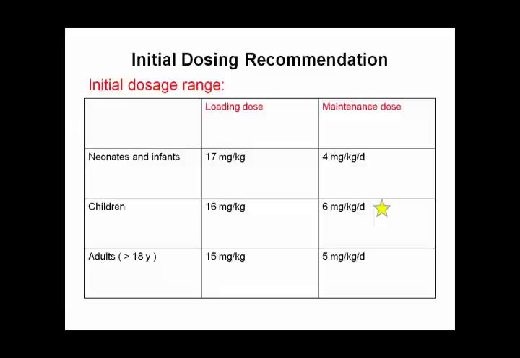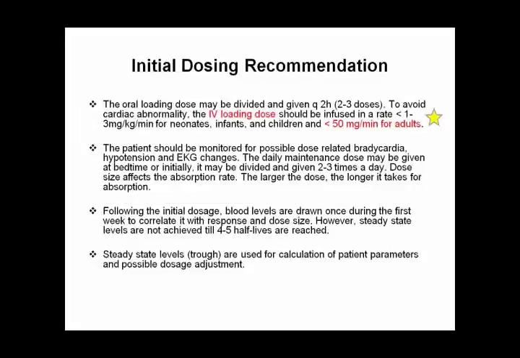Maintenance dose in adult is 5 milligram per kilogram per day, and as you notice from the table, children require higher doses of phenytoin in milligram per kilogram, probably because of increased metabolism.